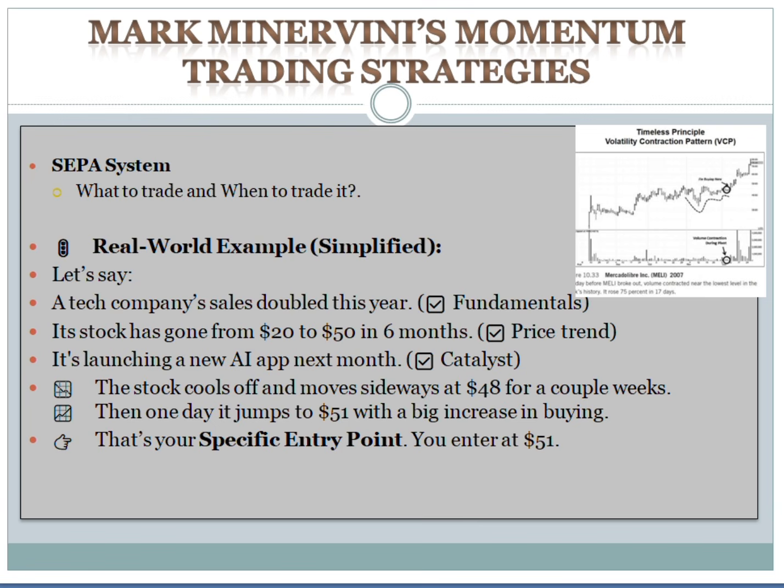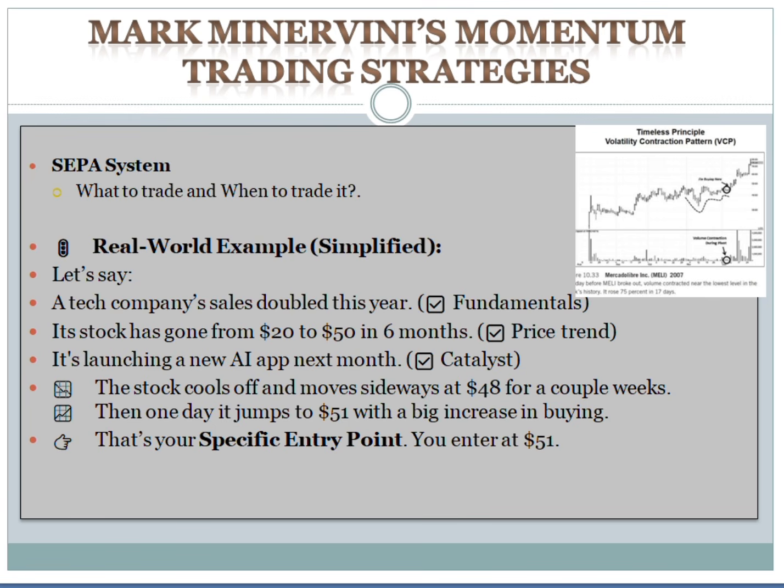Let's say a tech company's sales doubled this year. That's fundamentals. Check. Its stock has gone from $20 to $50 in 6 months. Price trend. Check. It's launching a new AI app next month. Catalyst.